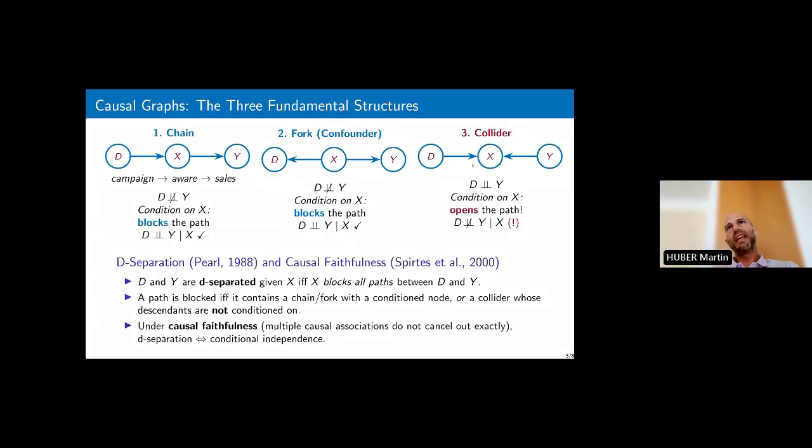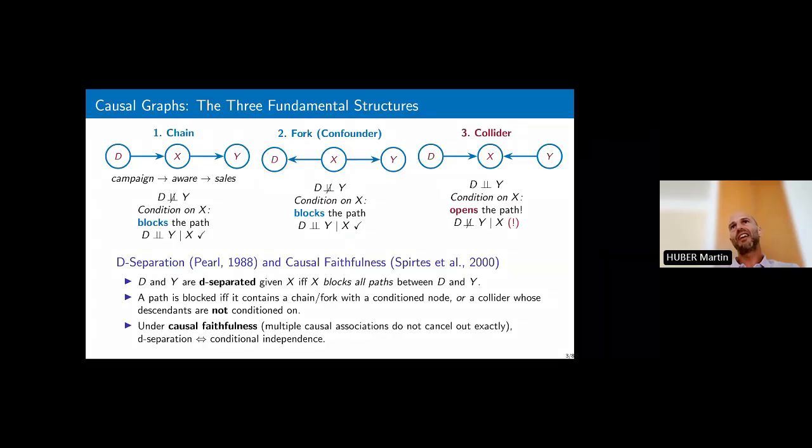So what we finally have is a structure where the campaign affects the awareness, but now the sales also affect awareness. So customers who previously bought the product, right, their awareness is changed, right? So here is again no causal effect of the marketing campaign on sales, right?